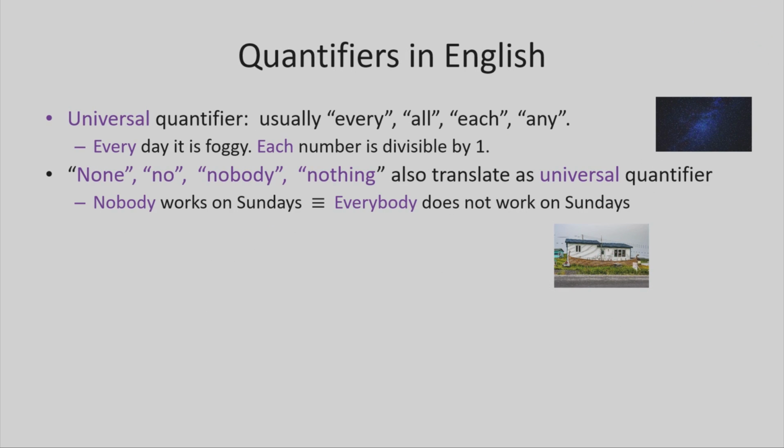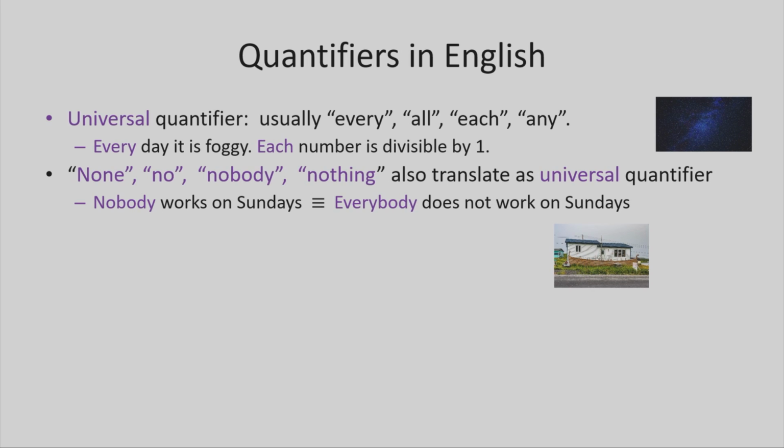So how do we translate between English and logic? As always, translating from English is the hardest part because English is ambiguous and logic tends to be much more clean and precise. For universal quantifier, usually if you have a sentence with the word every, all, each, any, then this word indicates that you will use a universal quantifier.